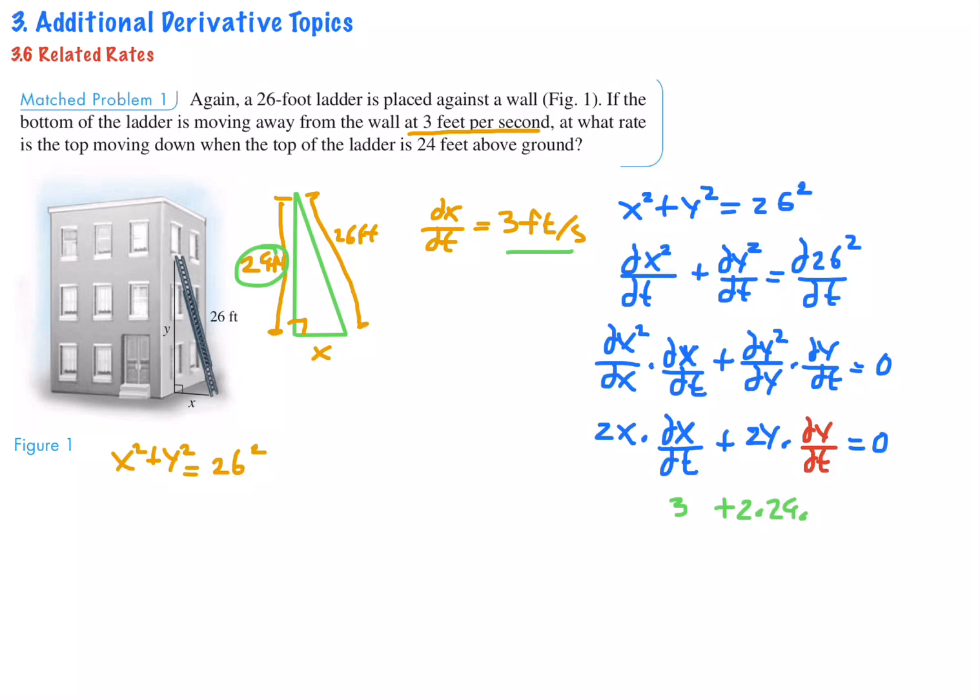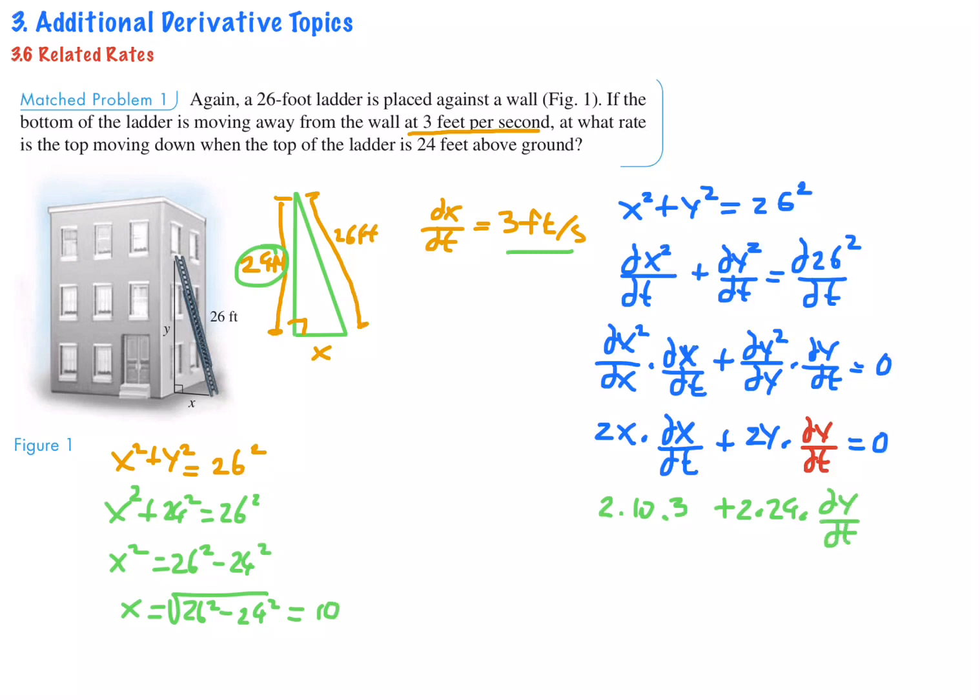Yes, so we'll just put x squared plus 24 squared equals 26 squared, and then we'll get x squared equals 26 squared minus 24 squared, and x equals the square root of 26 squared minus 24 squared, which eventually is 10. So I'll put it over here: 2 times 10 times 3, and we are looking for dy over dt, equals 0. So this will be 60 plus 48 dy over dt equals 0.